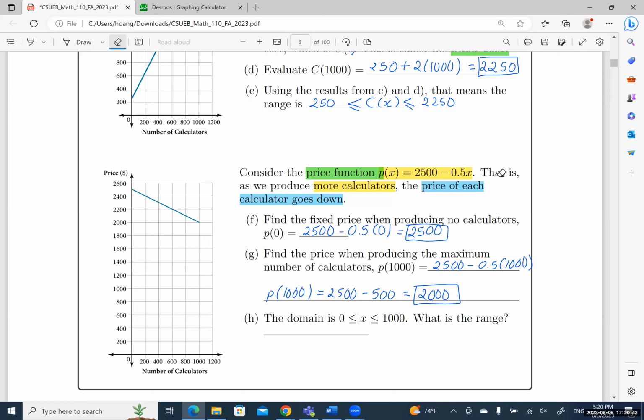So the range for this function will be in between, and you want to write the smaller one first, 2,000 to 2,500. And in interval notation, you can write 2,000 bracket, comma, 2,500.